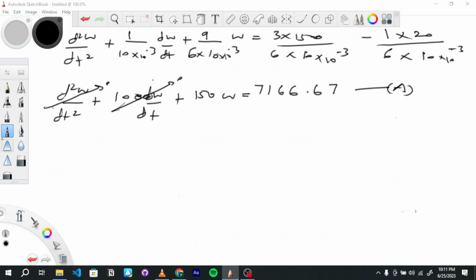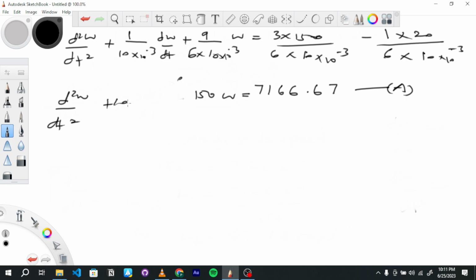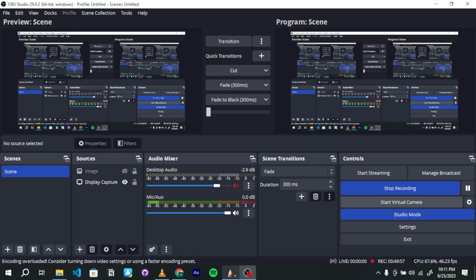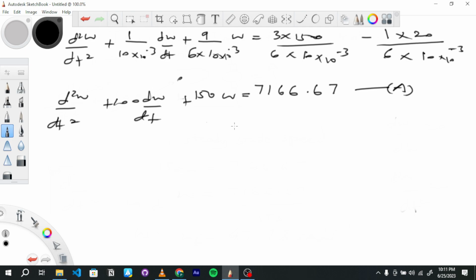This part will come back again: d squared omega dt squared plus 100 d omega dt plus 150 omega is equal to 0.